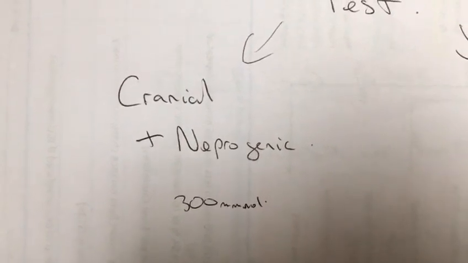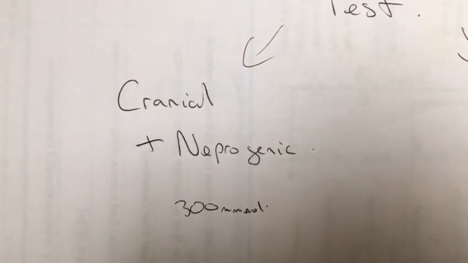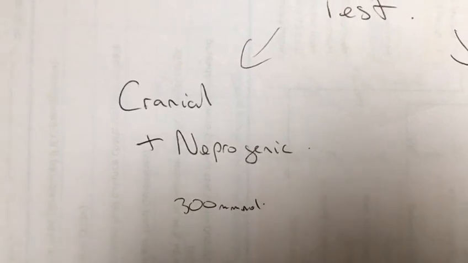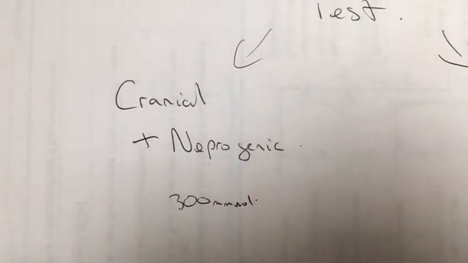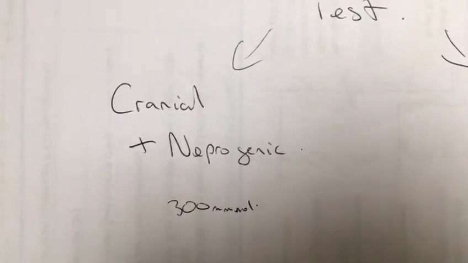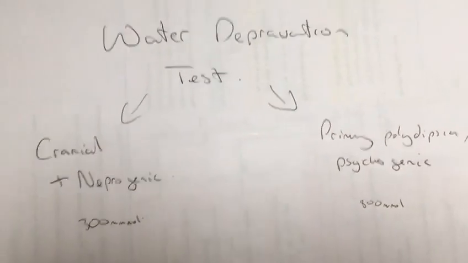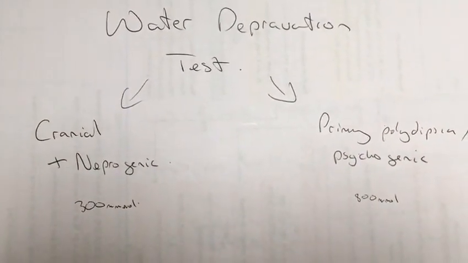It's a problem with them not producing enough ADH, or it is a problem with the kidney not being able to react to this ADH, so they will still be producing dilute urine. Okay, so that's the first test.